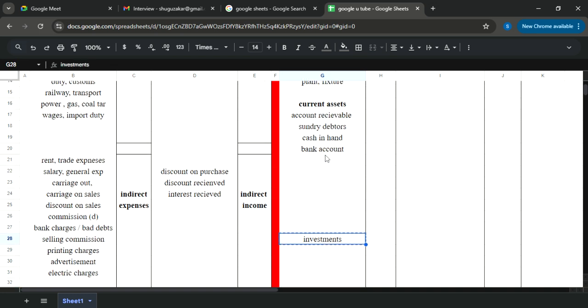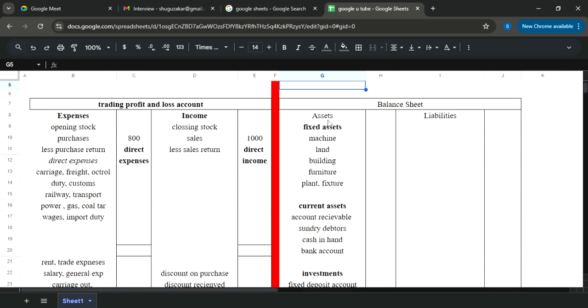Third heading, investment may include fixed deposit account, or investment itself can also be written. This side is completed. So in assets, you will divide assets into three parts: fixed assets, current assets, and investment. Examples are being written over here.